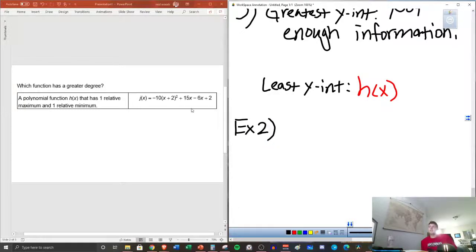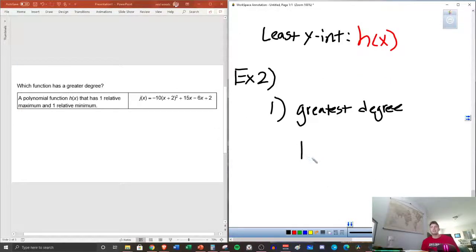This one has just 2 functions. And we're going to start with the first question, which is which one has the greatest degree? And which one has the least degree? I'll draw explanations over here.